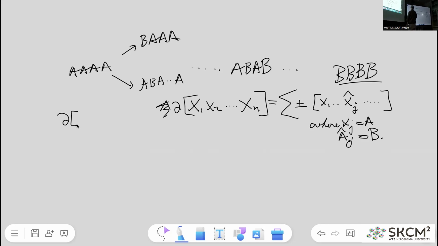I'm going to take the boundary of A, A, A, first of all. It's going to be equal to, I changed it to a B and left this alone. But the next one is going to be a minus sign: I changed this one to a B and I left that alone. And the next one is going to be a plus sign, and I changed this to a B and I left that alone.